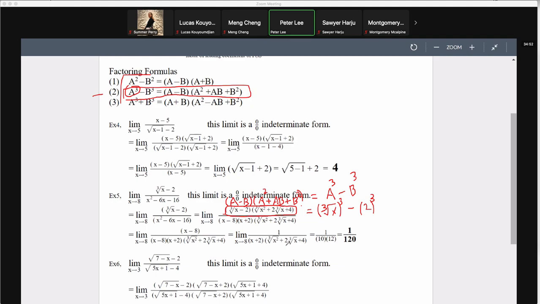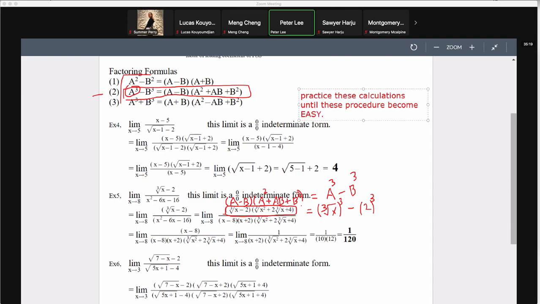You have to be comfortable. You have to practice until the process is easy. Okay, so here, practice these calculations until what? Until these procedures become what? Become easy.